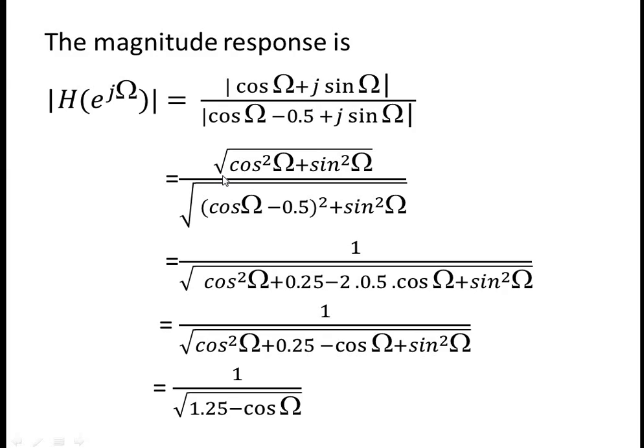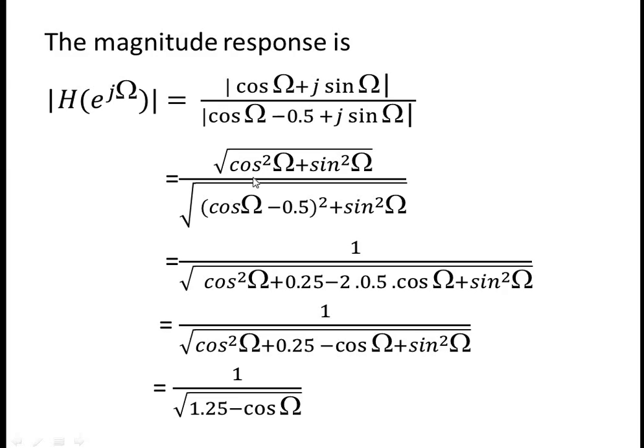So we can write it as the square root of cos square omega plus sin square omega, the whole divided by the square root of, here too, the real value is cos omega minus 0.5, and we square it, so cos omega minus 0.5 the whole square plus the imaginary part squared, sin square omega. We know the formula cos square theta plus sin square theta is 1.